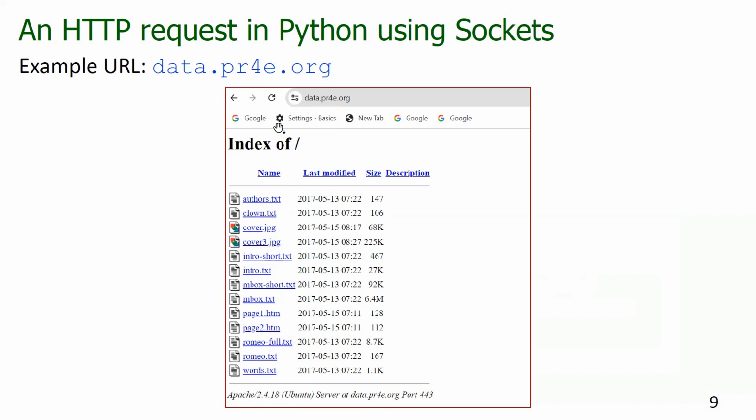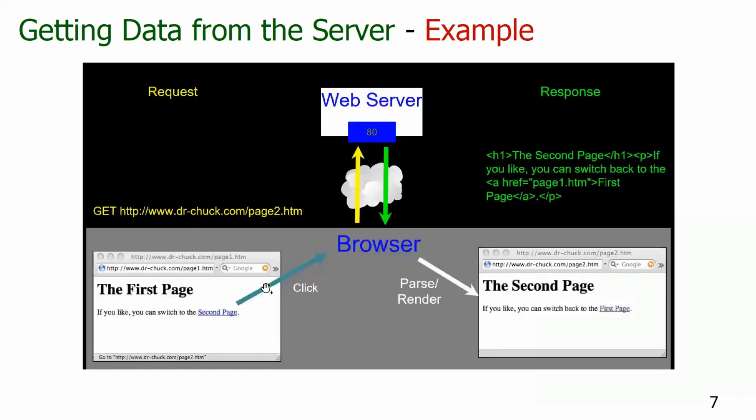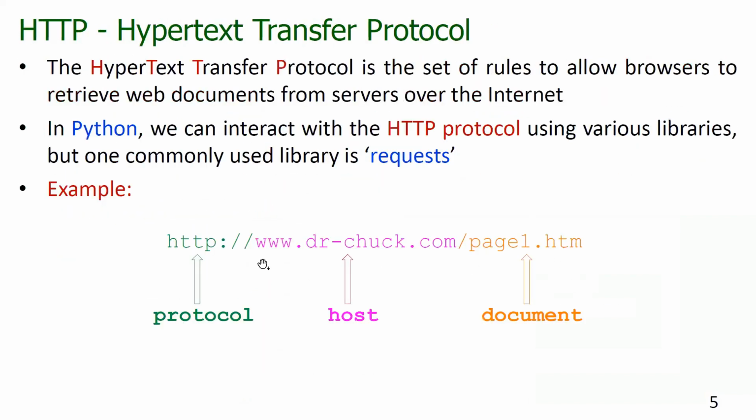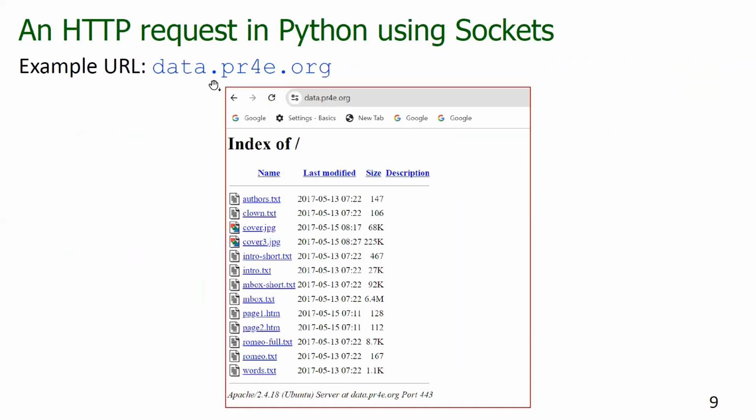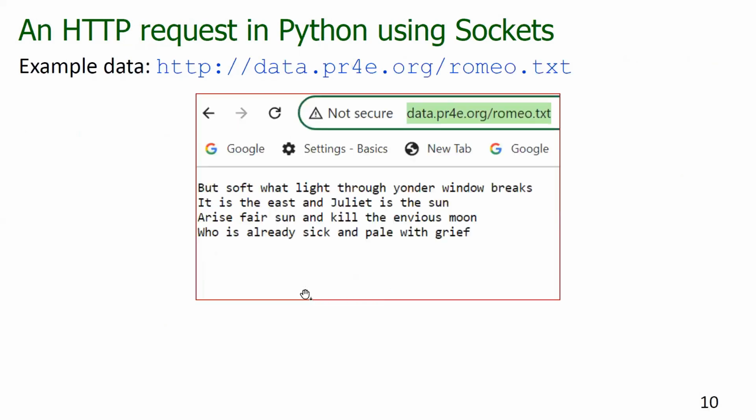From this URL, suppose you want to retrieve any of these files. Earlier we have seen one link, dr-check.com/page1.htm. Like that, whatever the URL, followed by a slash, you can give the file name, the document name, that can be retrieved through sockets in Python. These are all the list of documents available.